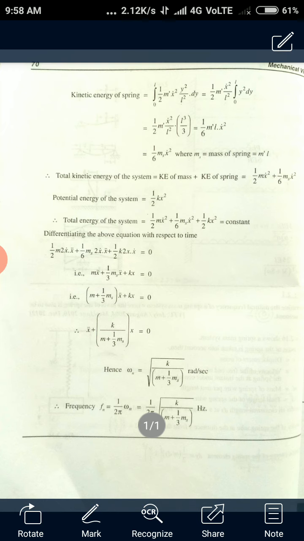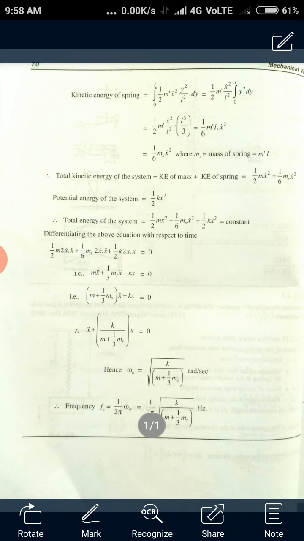So dividing throughout by the m plus 1 by 3 ms term, you will write x double dot plus k divided by m plus ms by 3, into x equal to 0. As per the analysis, this term k by m plus ms by 3 is equal to omega n square.